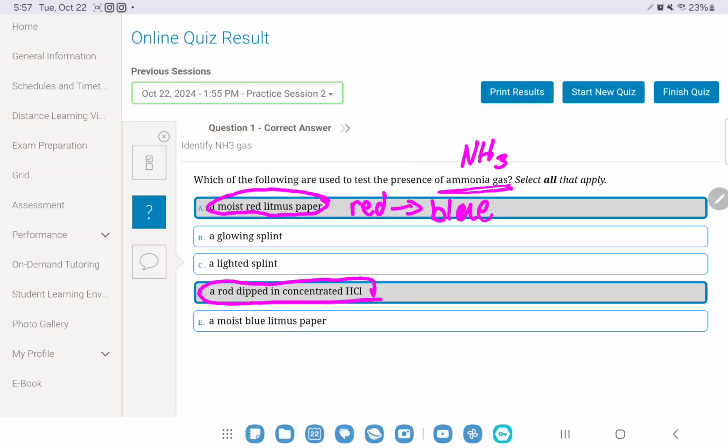So I don't think it's there in the paper, but just memorize it. It's basic, so it turns red litmus paper blue. So that's it for ammonia. It doesn't have a glowing splint, it doesn't have a lighted splint, and it doesn't turn blue litmus paper.